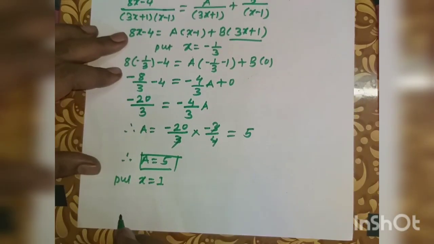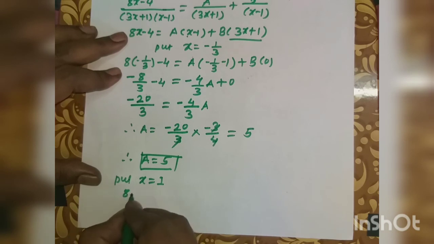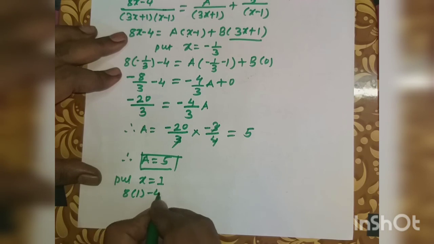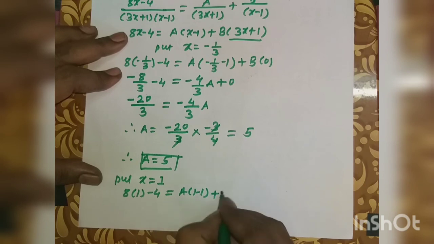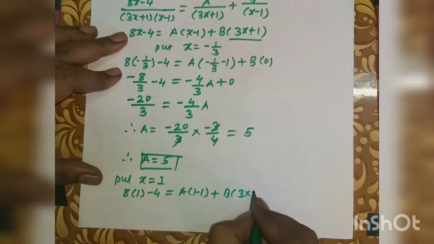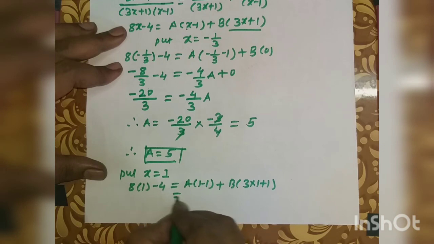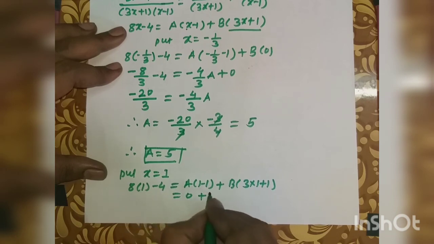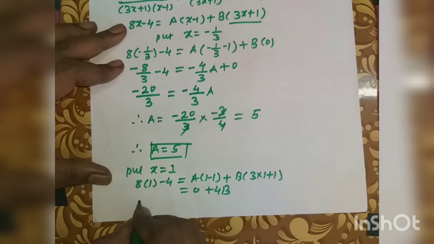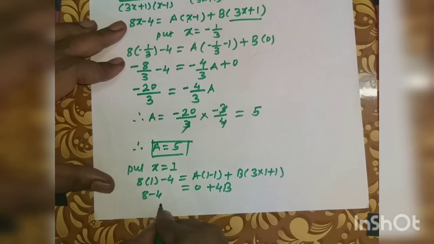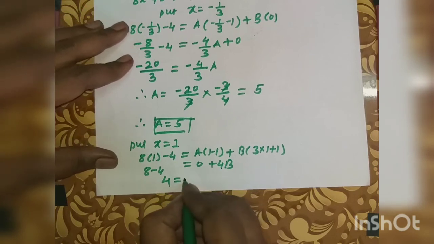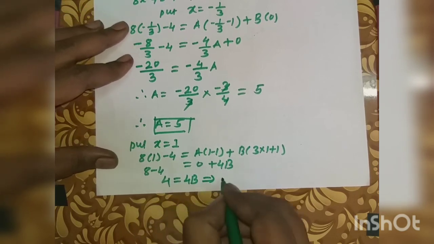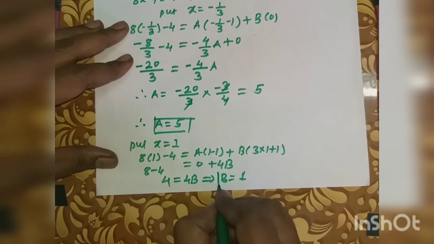Then we get 8 into 1 minus 4 is equal to a into 1 minus 1 plus b into 3 into 1 plus 1, that is 0 plus 4b. 8 minus 4, 4, is equal to 4b, so b is equal to 1.